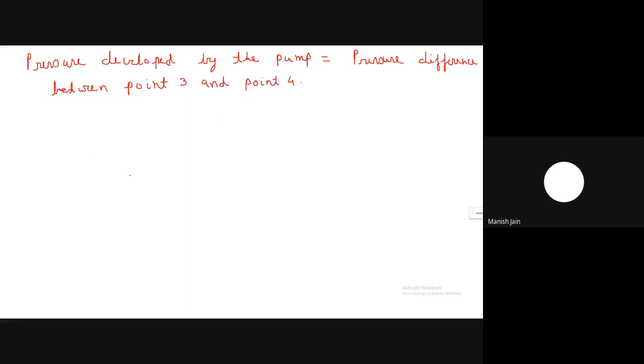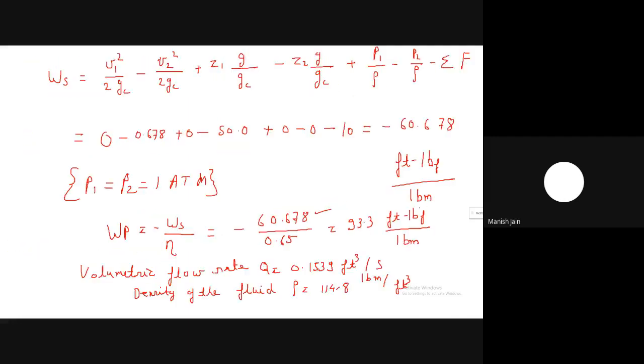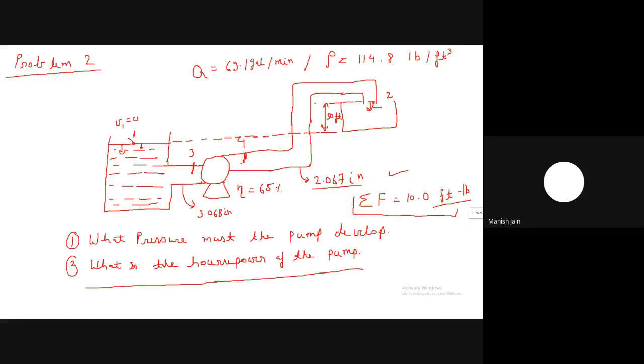Okay, so you have to use the Bernoulli equation between point 3 and point 4. The elevation is the same at both points, so the elevation value will be 0. Z3 minus Z4 equals 0.